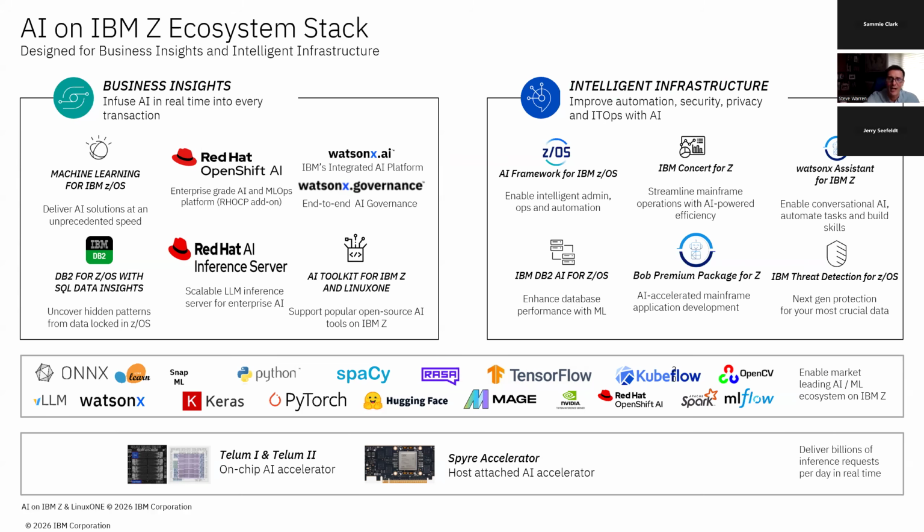So we have all kinds of great solutions on the right-hand side here, whether it's having z/OS take advantage of AI itself, or streamlining your mainframe operations with Concert or watsonx Assistant for Z, conversational AI, all these great productivity gains.